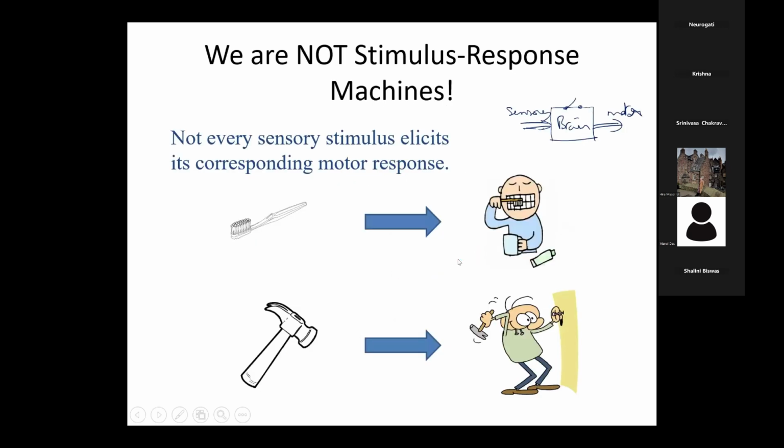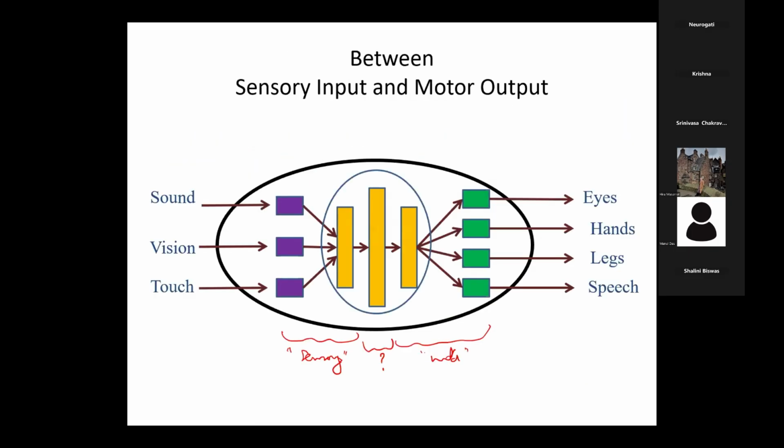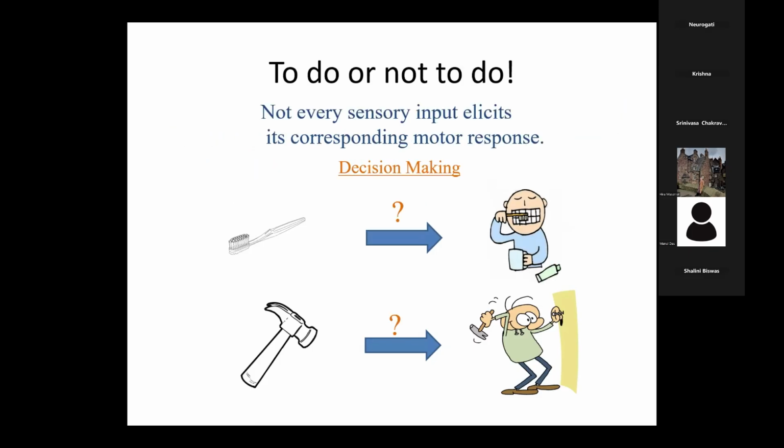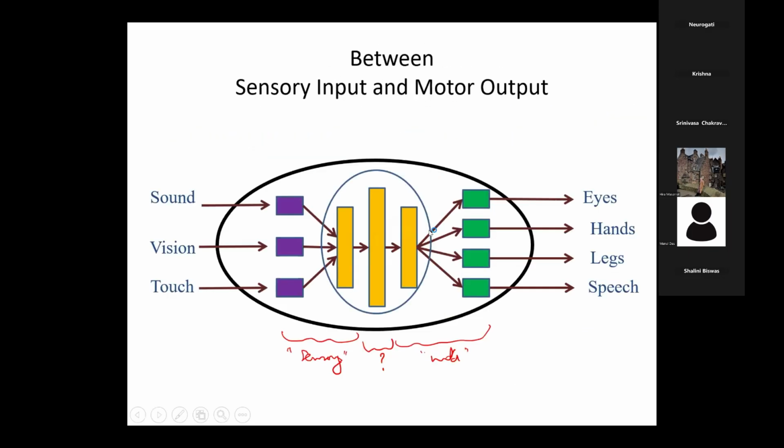In fact, there are certain brain conditions, psychological conditions, where because of damage to the prefrontal areas and basal ganglia and all, people simply behave like this. They become completely slaves of the environment. There's no decision making. There's no control at all. And where does the decision making occur? Exactly in the middle. That's where all this information comes. You have the highest level representations, and somewhere here you have to decide, okay, should I go with it or not?